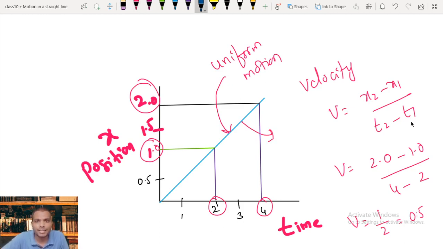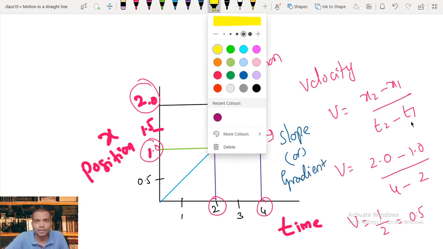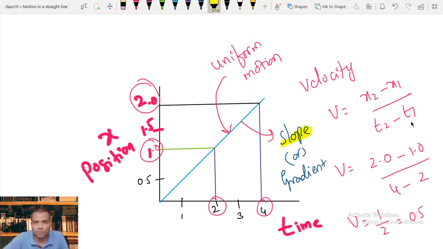So this straight line slope, or in mathematics another word for it, is called the gradient. To find the velocity, we need to figure out its slope. Now by seeing this graph, we can understand this is having positive slope.